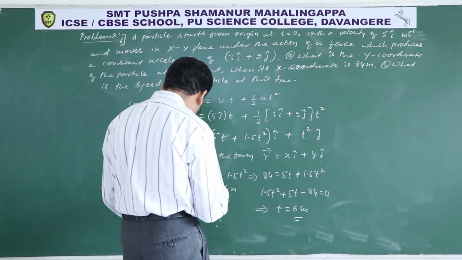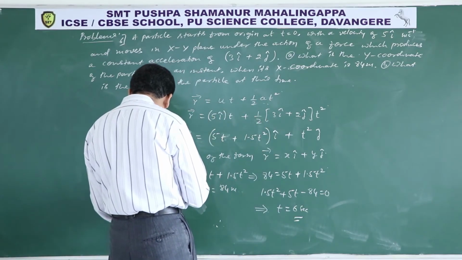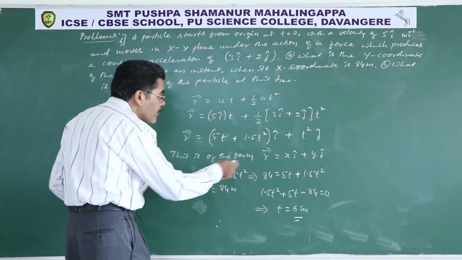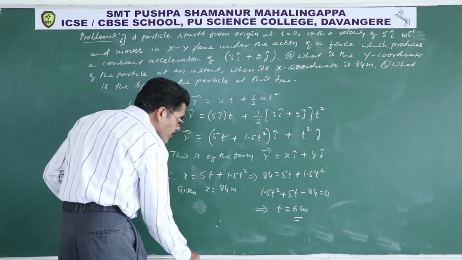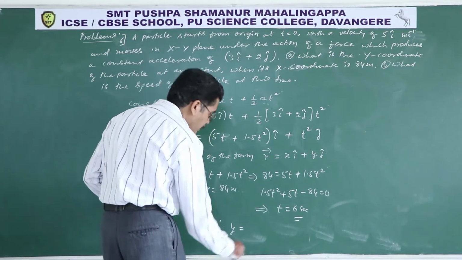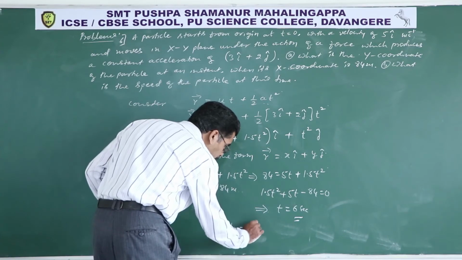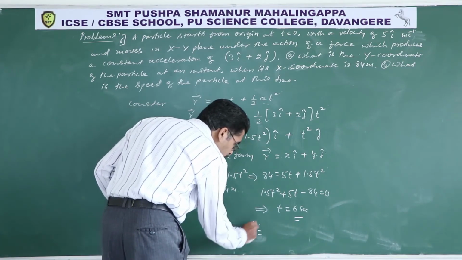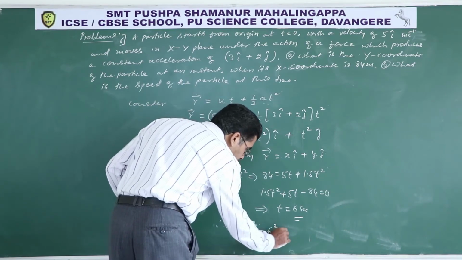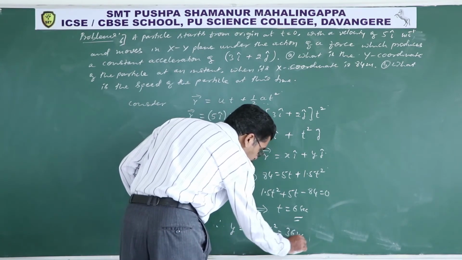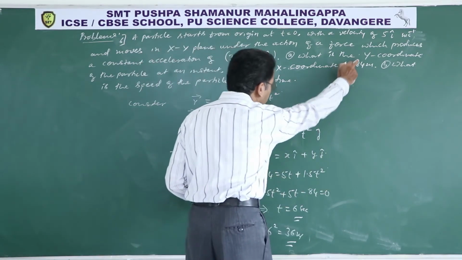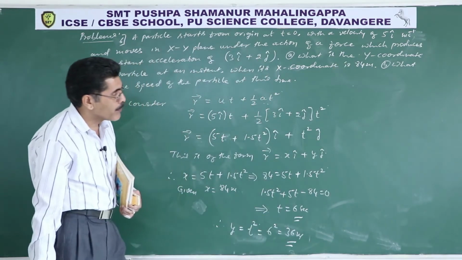Therefore, y becomes equal to t square, that is 6 square, which is equal to 36 meter. They ask you to find the y coordinate. Y coordinate is 36 meter.